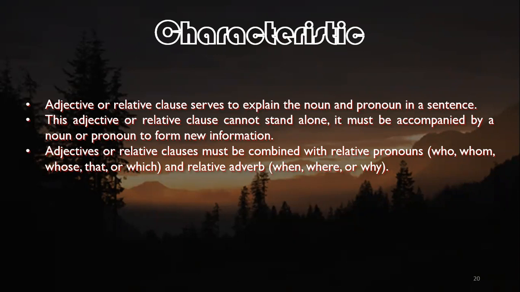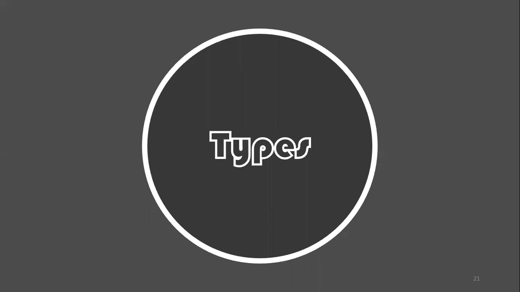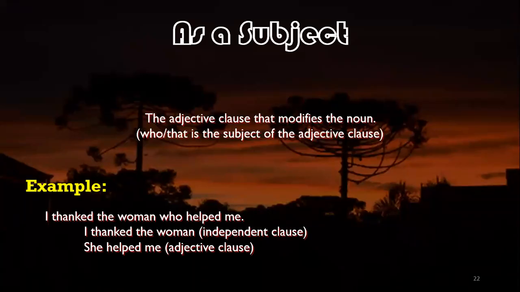Next, the types. As a subject, the adjective clause modifies the noun. Who or that is the subject of the adjective clause. Example: I take the woman and she helped me, because I take the woman who helped me.